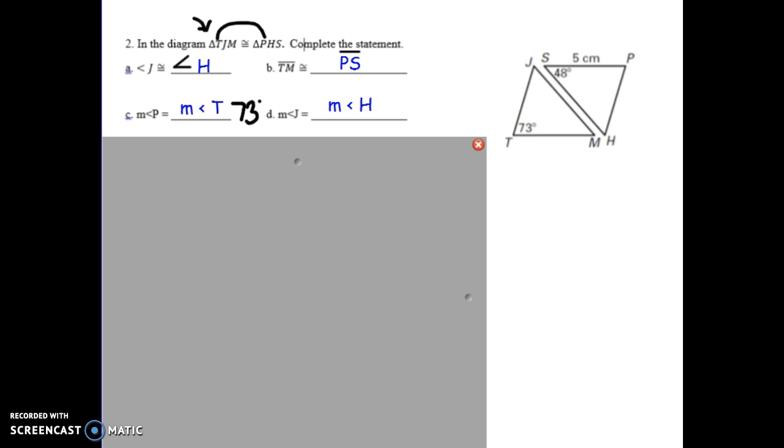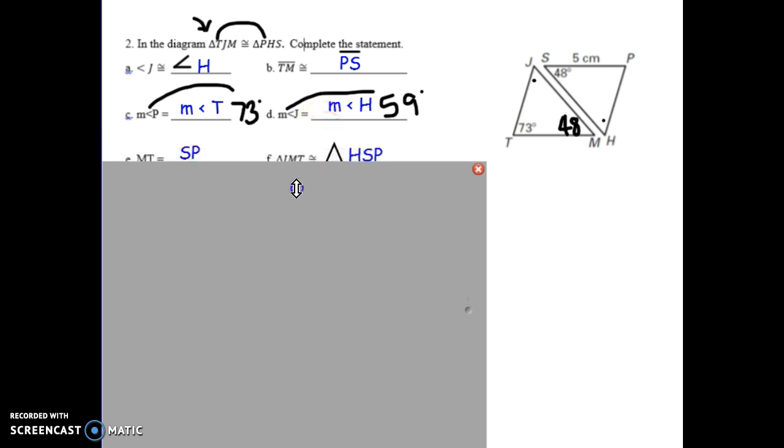Now J gets a little harder. We know that it matches up with H, and neither of those do I have an angle for. However, I know that this is 48, so if I take 73 and 48, and subtract from 180, I get 59 for that one. So since we're looking for the measure, this is really what I'm looking for here, the number. But you can also put the extra measure of angle H if that helps you.